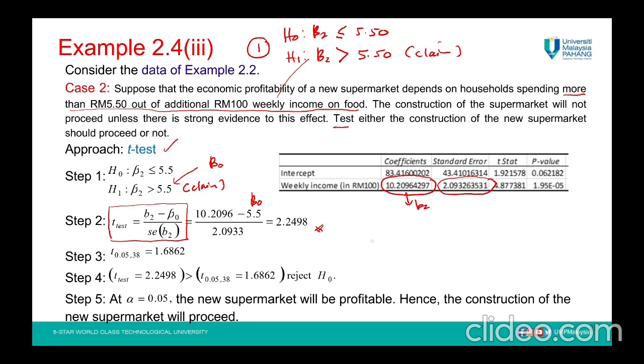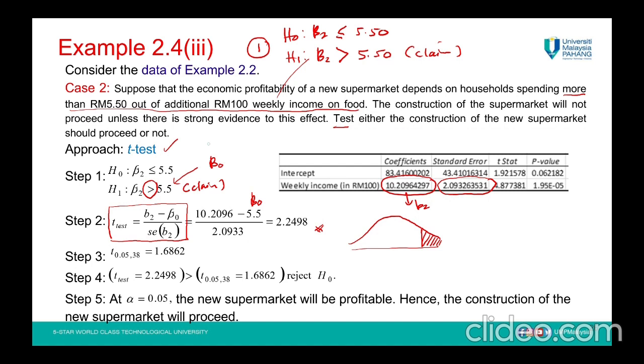By plotting the t distribution, and looking at the inequality used in H1, that is greater than, this shows us that the rejection region lies on the right tail of the t distribution. So this is under a right tail test, or specifically a one tail test. So in this case, no need to divide alpha by 2.